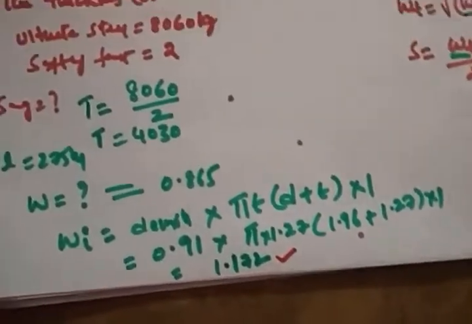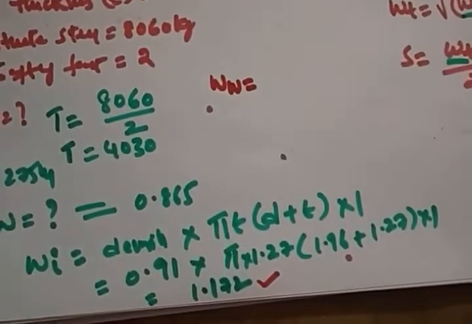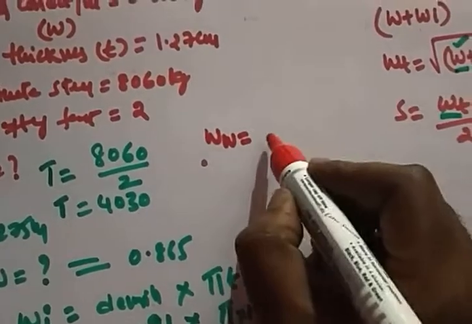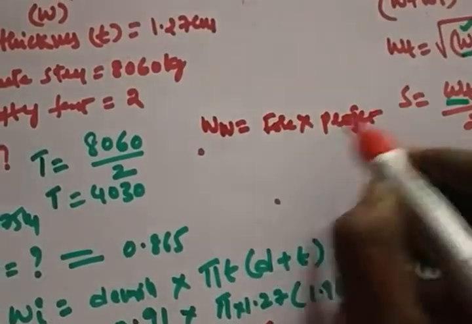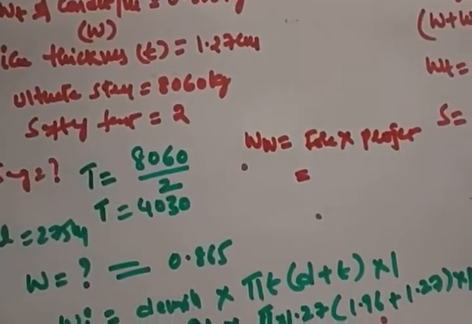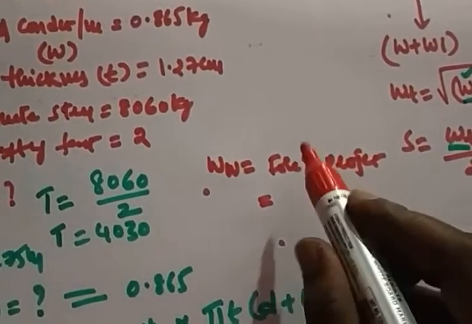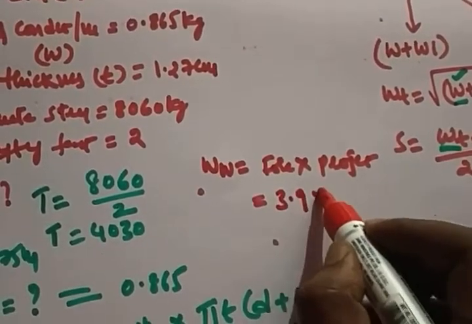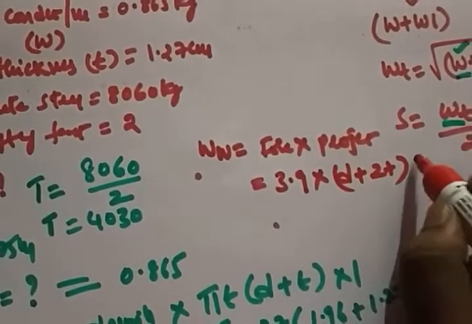After that you have to calculate the weight of wind. What is the formula for weight of wind? Wind force is given. Force into projected area. What is the force value? 3.9, also given. I forgot to draw this one. So 3.9 into projected area, (d plus 2t) into 1.